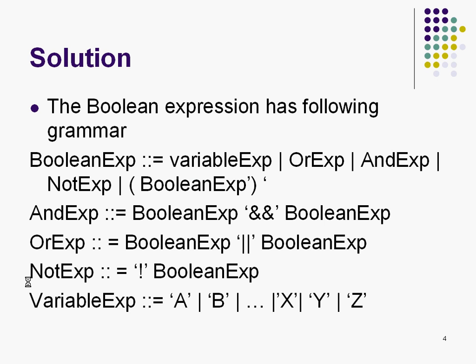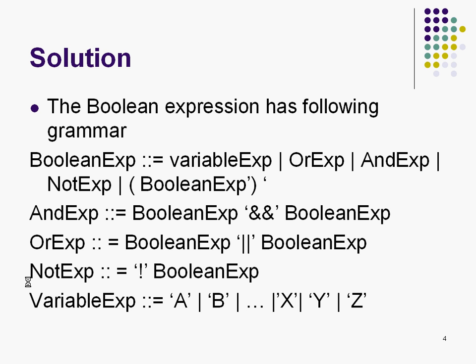So the previous Boolean expression which I showed is an output of a grammar which has 5 rules. The first rule, let's read from the bottom, is that a variable expression can have any of the alphabets A to Z. So it can be A, or B, or X, Y, Z, any one of them.